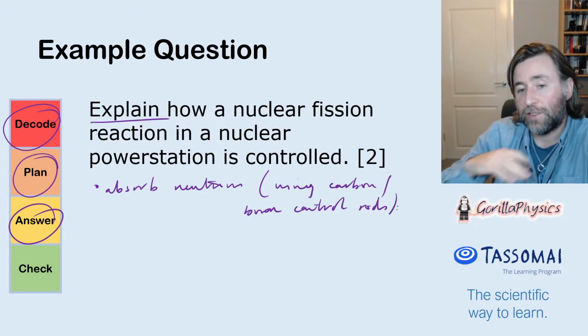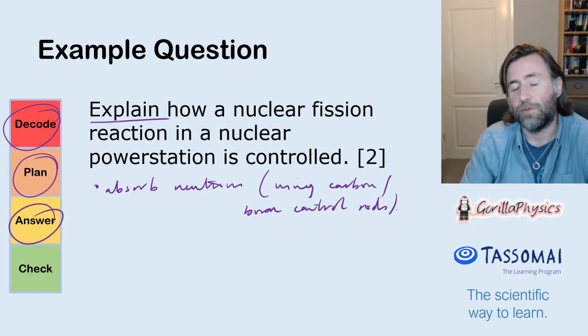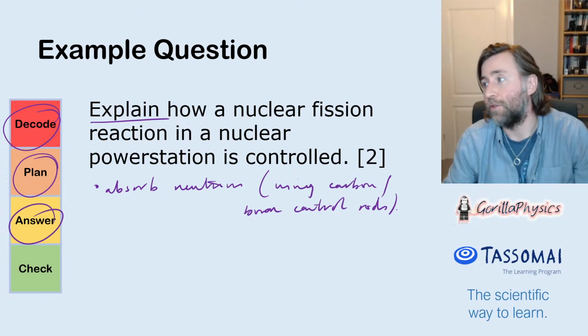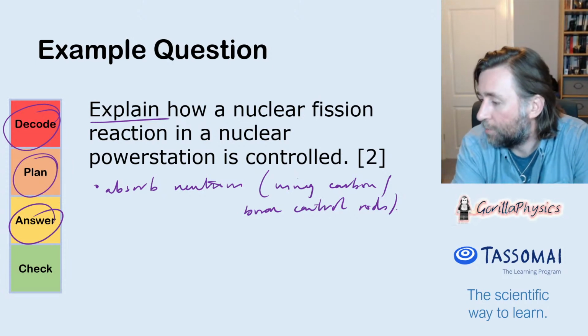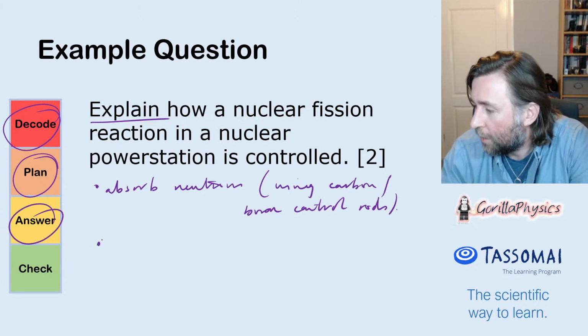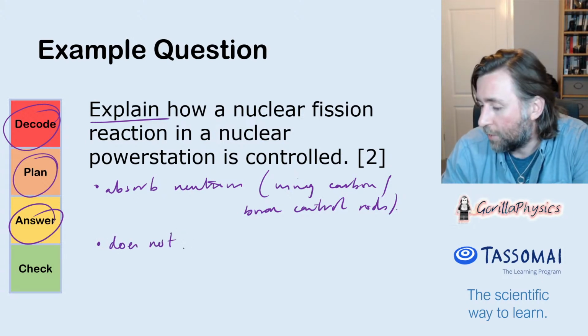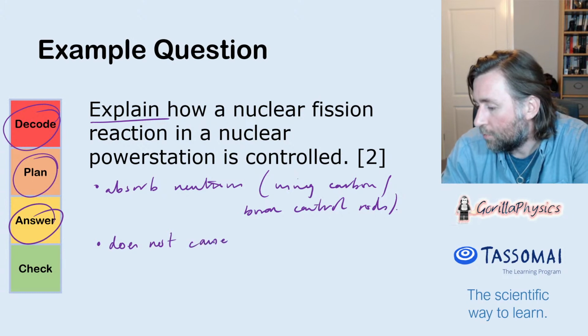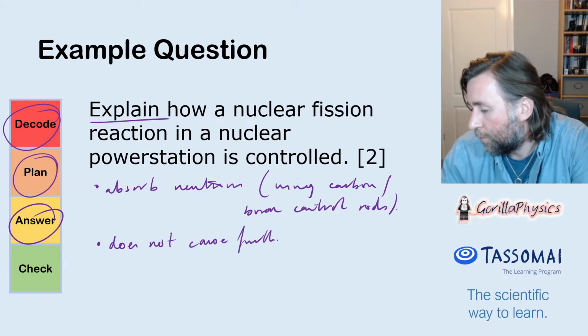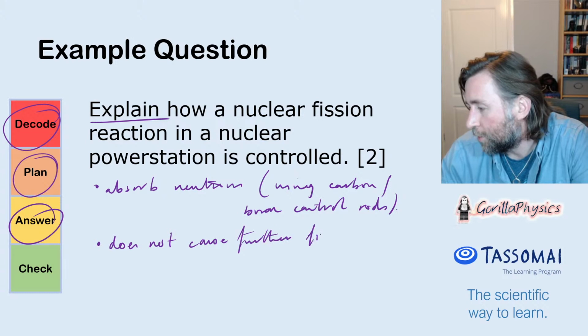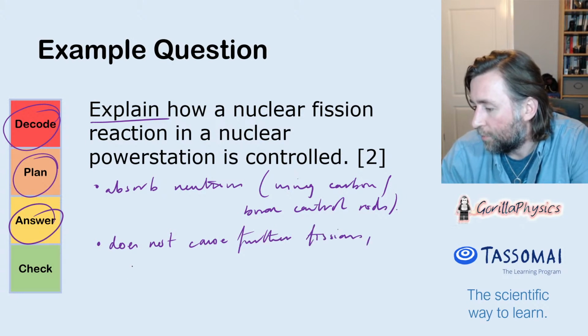But in fact, it's good enough in our specification just to talk about something that absorbs the neutrons will control the chain reaction. And lastly, these are stopped from causing further fissions. Or you could say this stops the chain reaction.